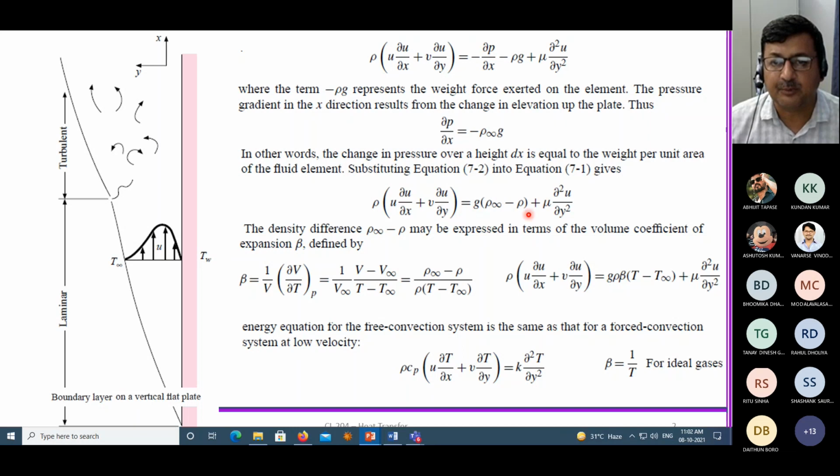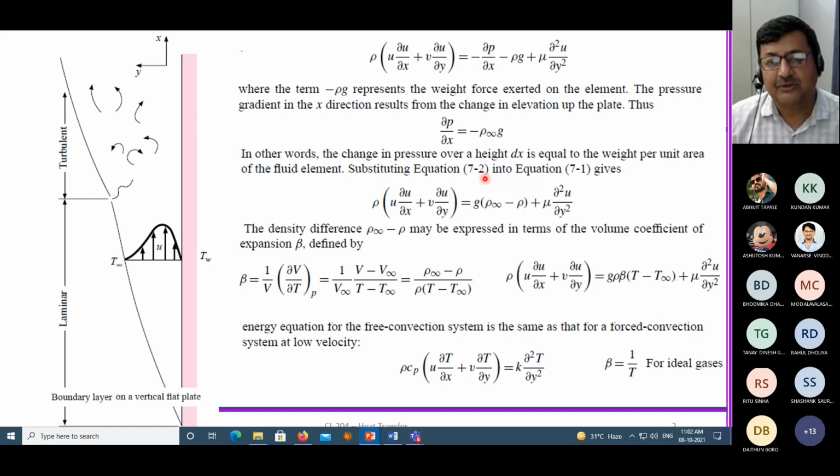We have to bring in the concept of buoyancy force, because that is the main driving force for the natural convection. Right. So in one place, if it is a hot fluid, it is less dense. And in another place, if it is a cold fluid, it is more dense. And the density gradient between these two leads to the natural convection.